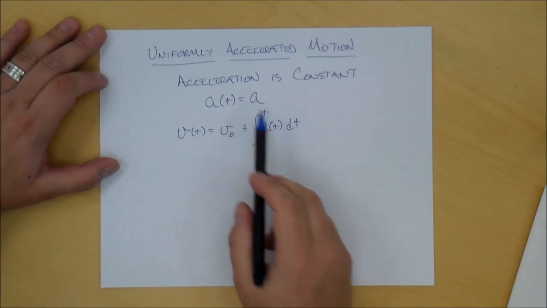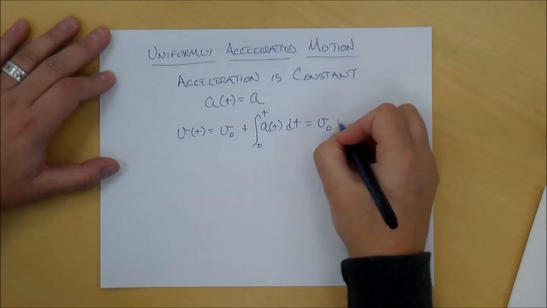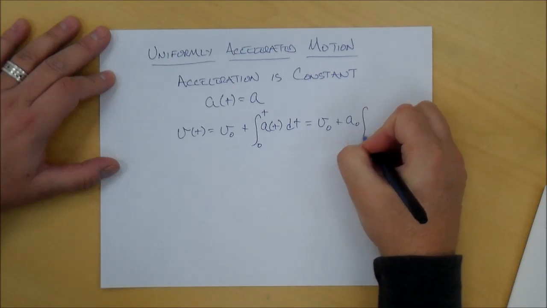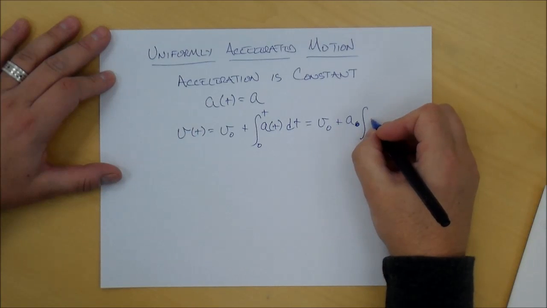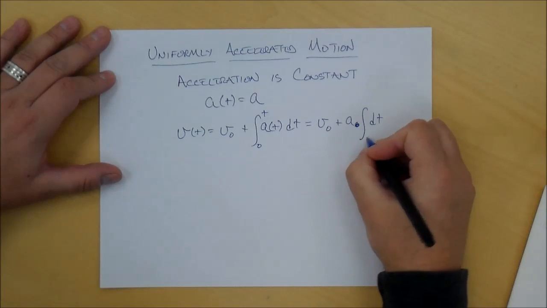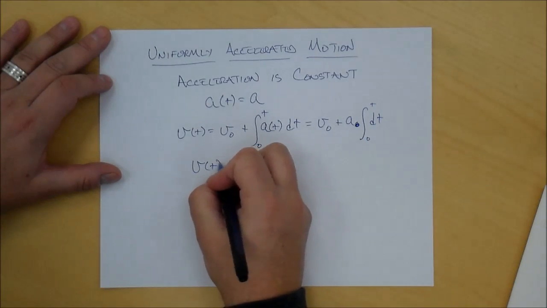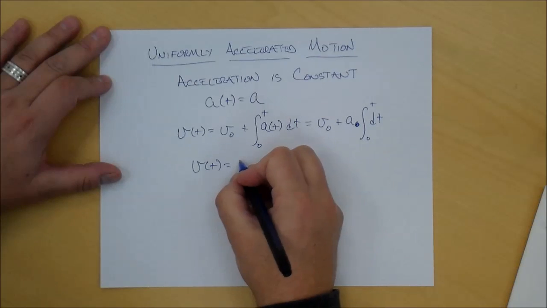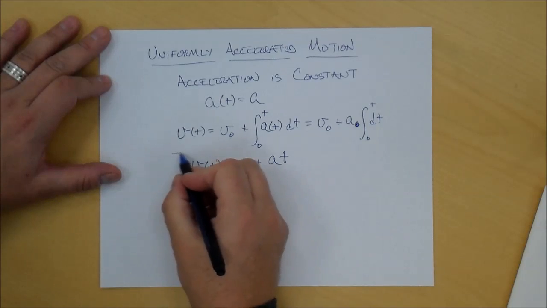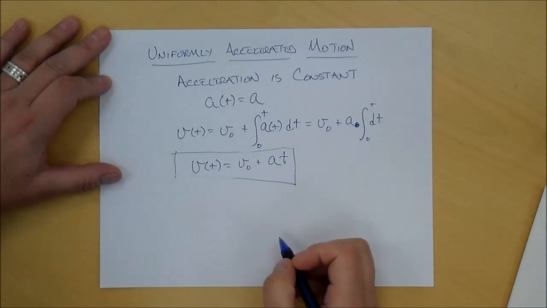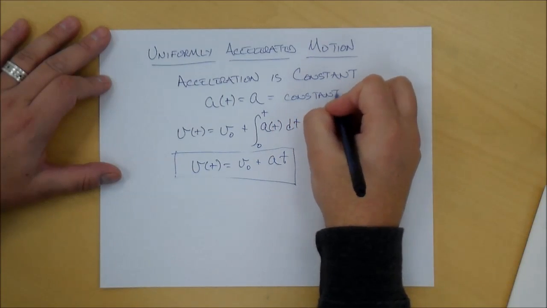Now, we know that the acceleration is a constant, so that can be pulled outside of the integral, so this becomes v naught plus a, we're not using the subscript naught, a times the integral dt from 0 to t. So the velocity as a function of time is equal to v naught plus the acceleration times time. Let me add to this just to be clear, it's a constant.